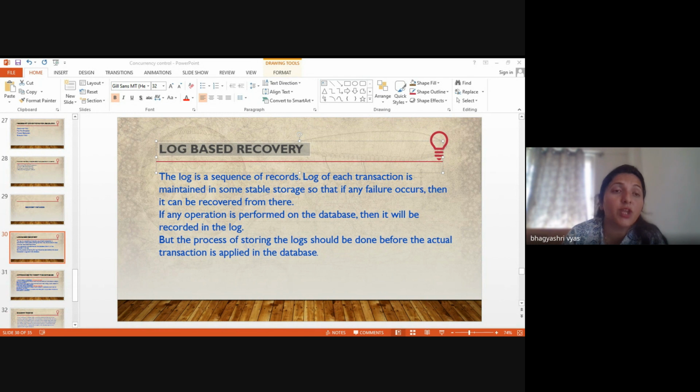Okay, so now which logs are used for database recovery? Okay, there should be one category for the log based recovery, right? So we will use the active logs, so that whenever our system crashes, we can prevent it from the failure.